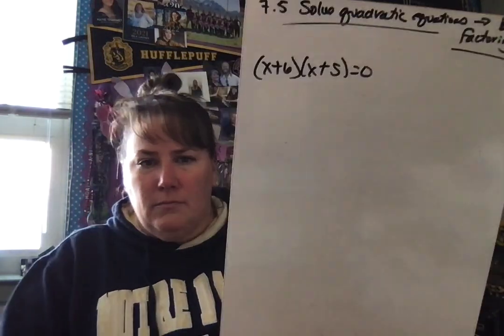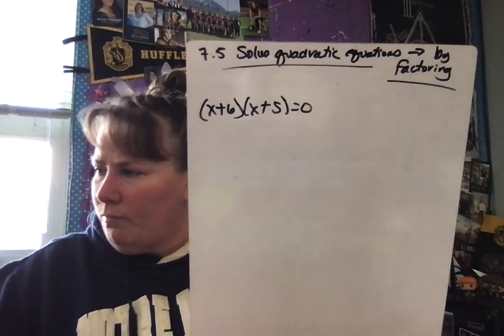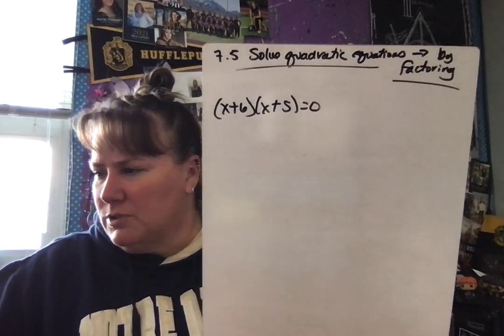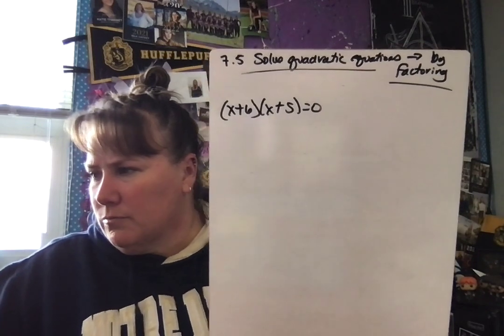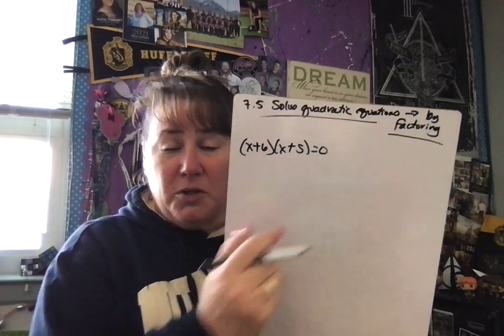And then you'll see something like the quantity x plus 6 times the quantity x plus 5 equals 0. So I'm just kind of looking at some problems here. Okay, so you're going to set both polynomials equal to 0.